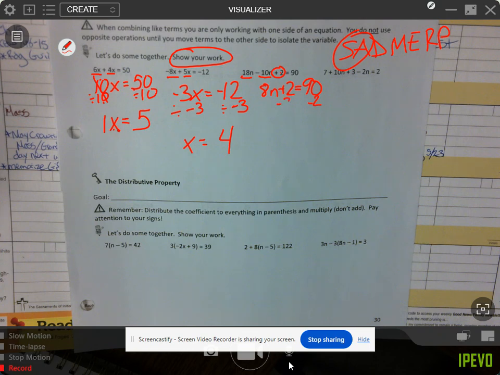I'm also subtracting 2 from this side. I have to subtract from both sides. So 8n plus 2 minus 2 equals 90 minus 2, which is 88. Then I want to get my n by itself. So I have to divide both sides by 8 because I had been multiplying by 8. 88 divided by 8 equals 11.